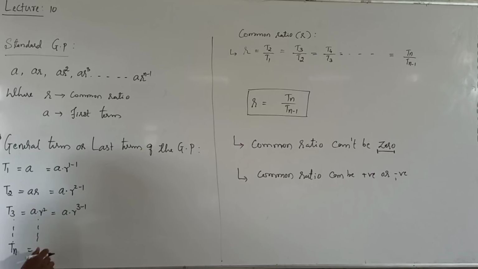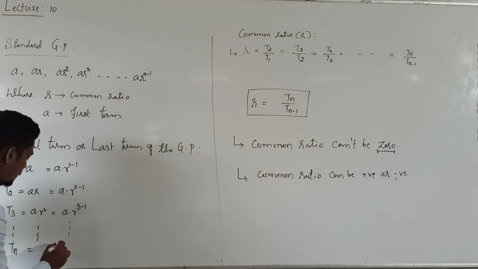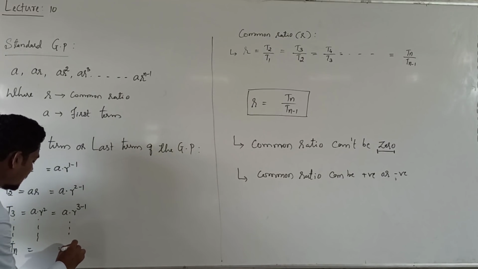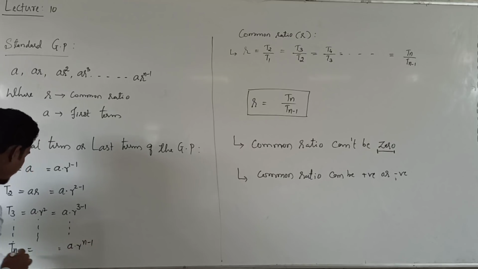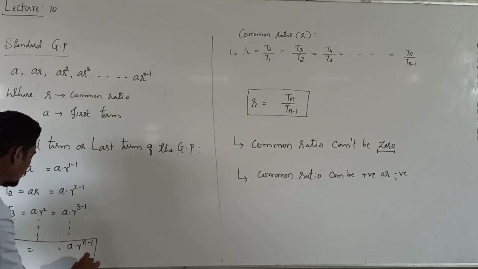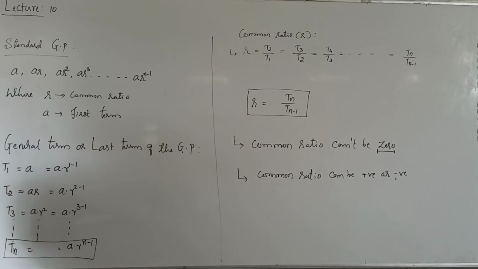Tn is equal to A into R power n minus 1. Then it means nth term is A into R power n minus 1.